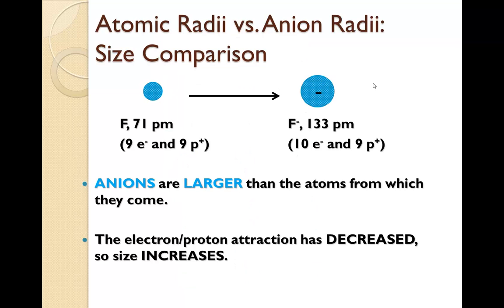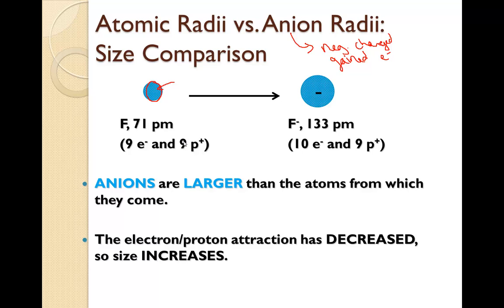Let's reverse this and talk about anions, which are negatively charged particles. That means that they've gained electrons in this process. So, here's fluorine to begin with. We're going to add an electron to it. It actually grows even more than you would expect.